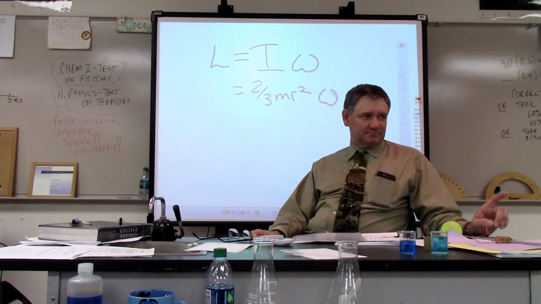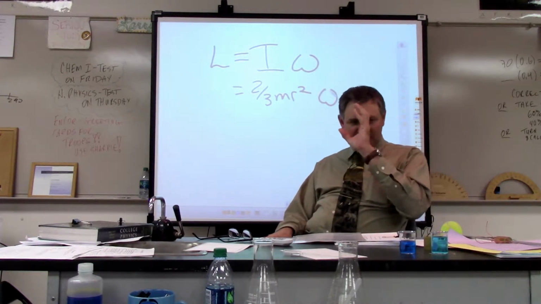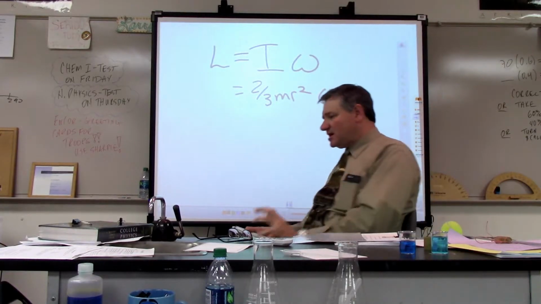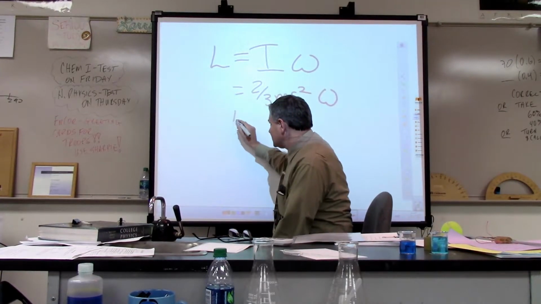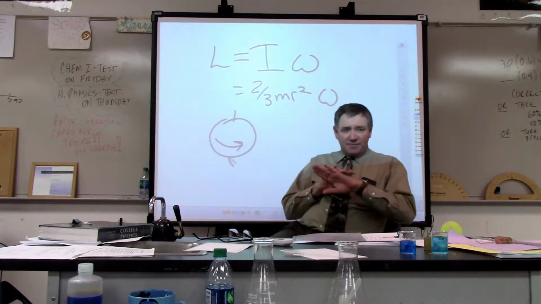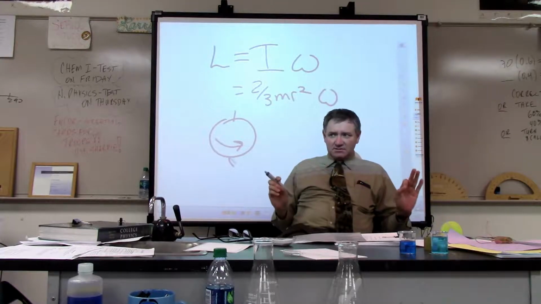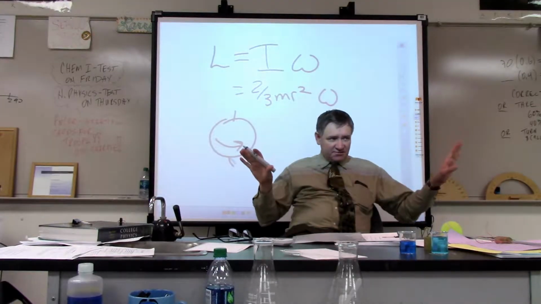Okay? So what that represents, and here's the big picture that you have to understand. What this represents is, as that ball was spinning, that at that point is the total amount of angular momentum in the system. That's a fixed value.